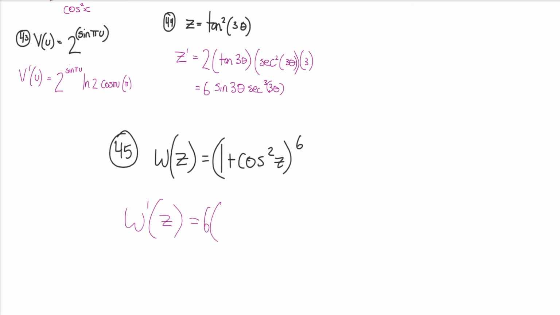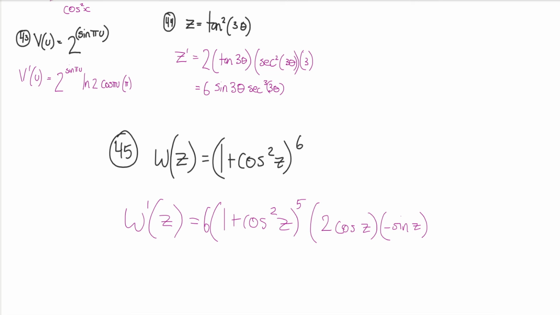So the 6 comes out front, and we get 1 plus cos squared Z to the power of 5, and then the derivative of the inside is another chain rule, right? And then the derivative of the inside of that is the cos of Z, and so that's negative sine of Z, and then the derivative of the inside is Z, and derivative of Z is 1.